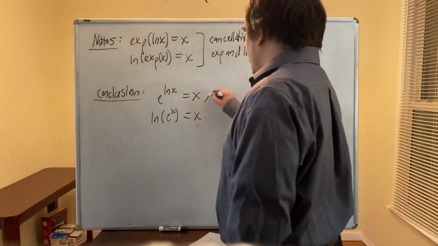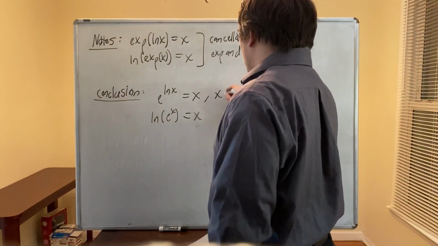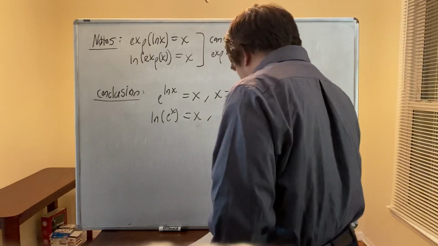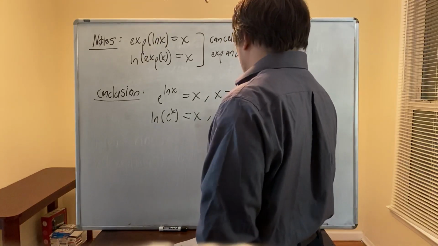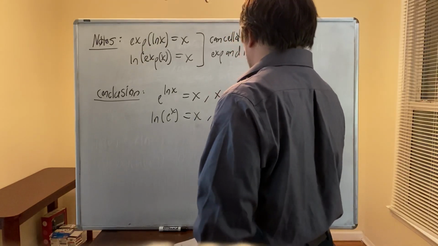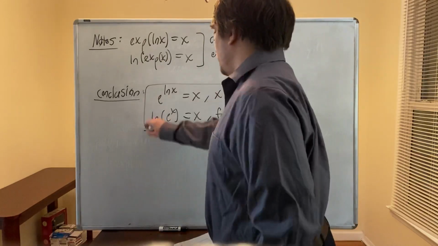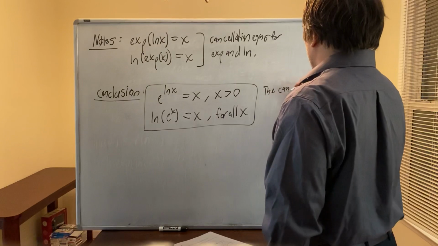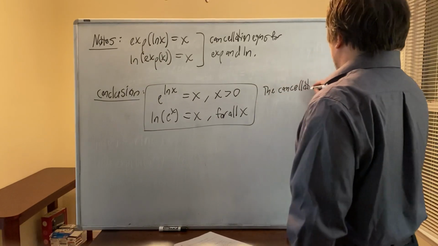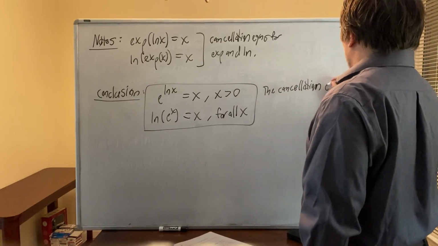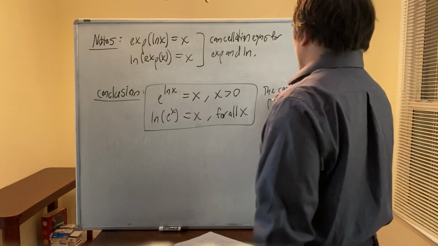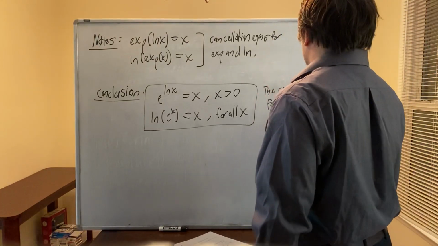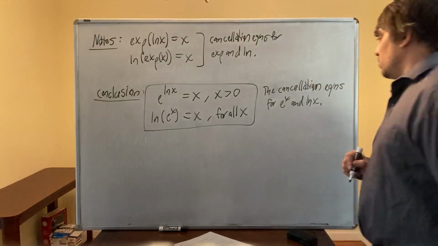And e to the ln of x equals x for x positive. And ln of e to the x equals x for all x. And so these two are the cancellation equations for e to the x and ln x.